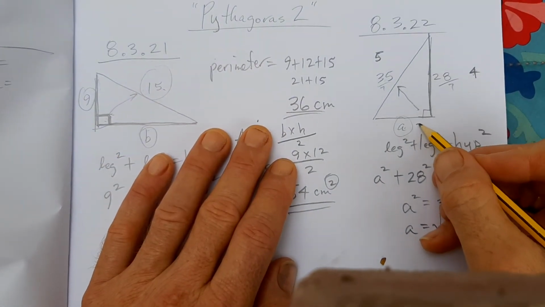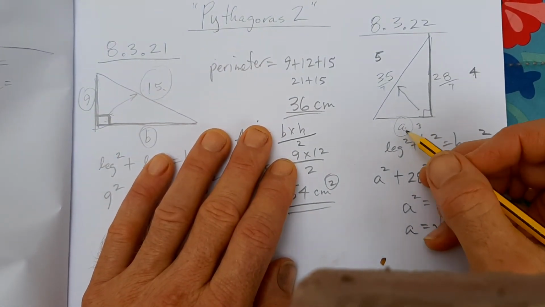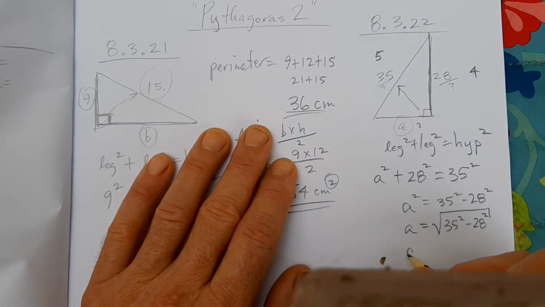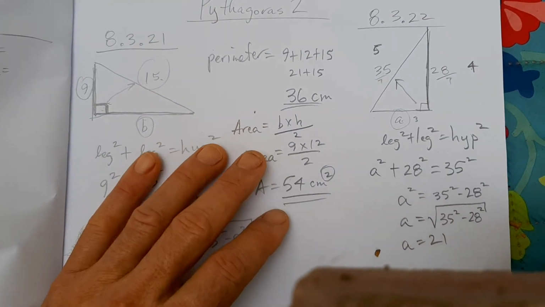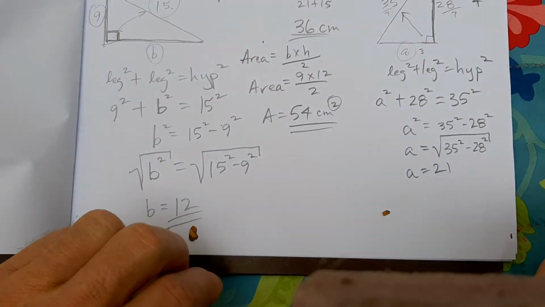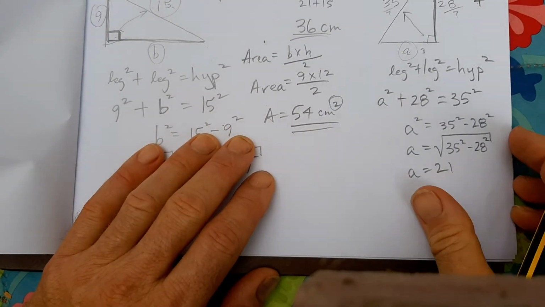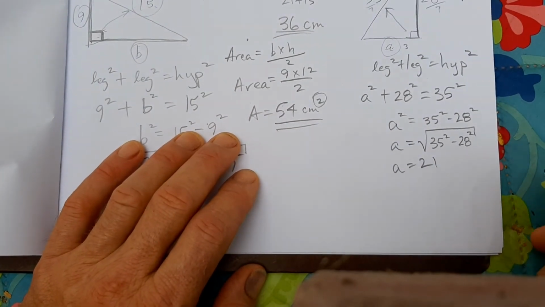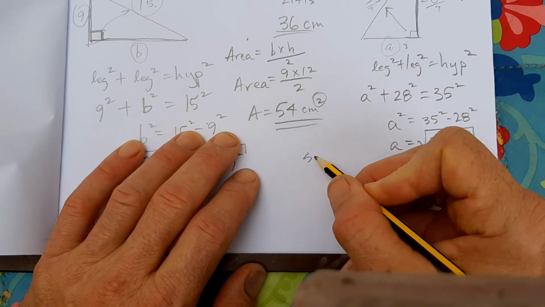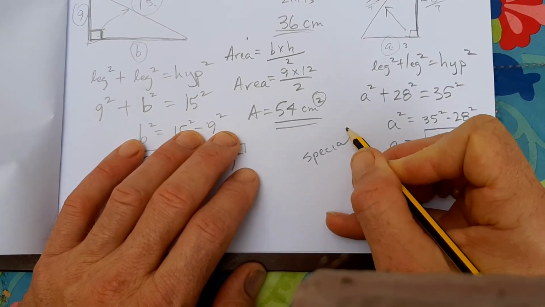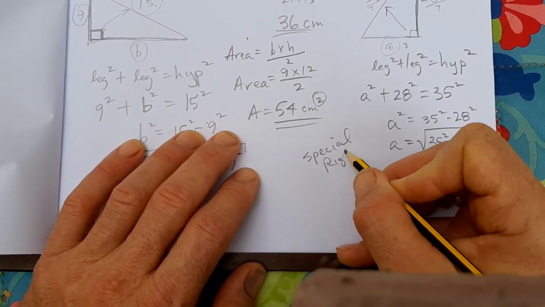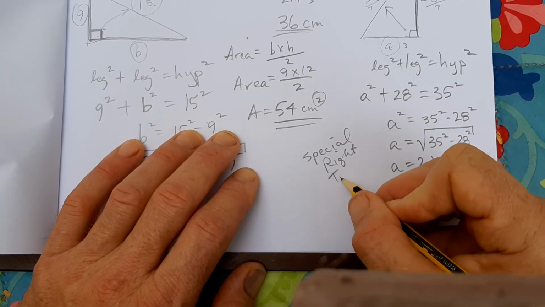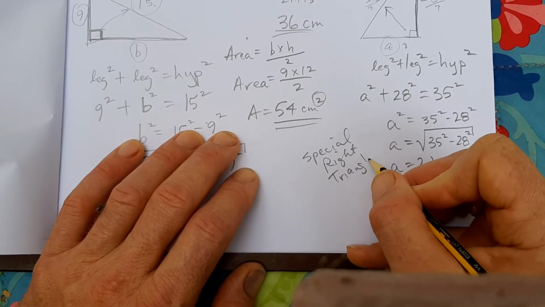So this is a 3 times that 7. Multiply by 7, I get 21. So I better get A equals 21. If you don't understand that, that's just fine. Just put the numbers in. If you want to look up special right triangles, there's a bunch of them. This is only if you want to do this kind of stuff.